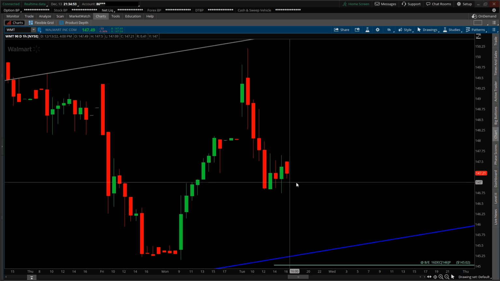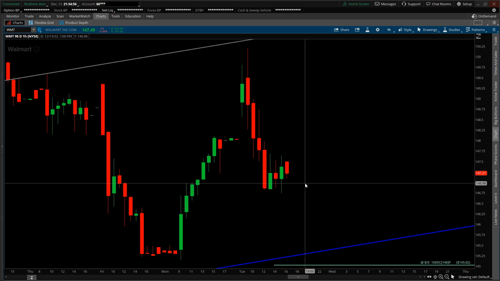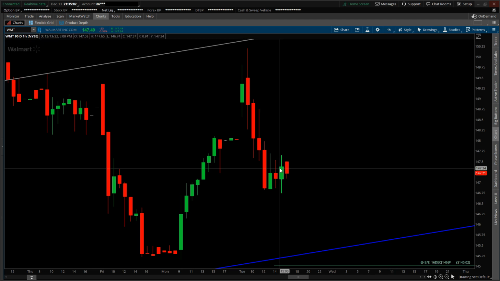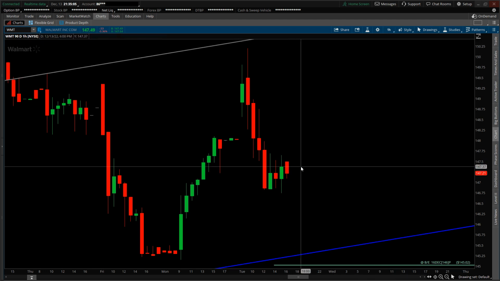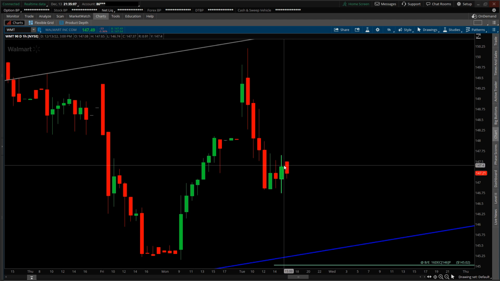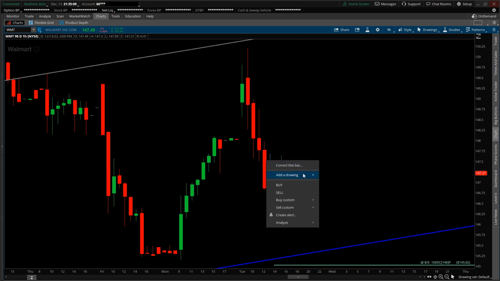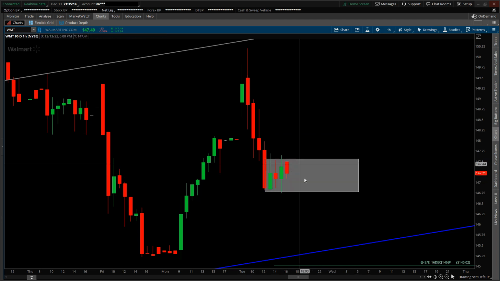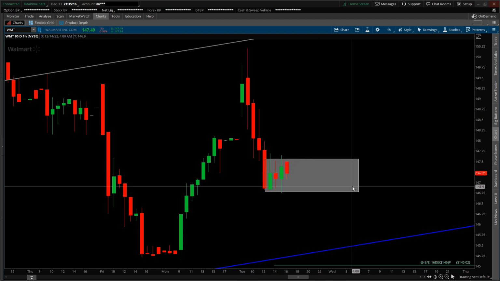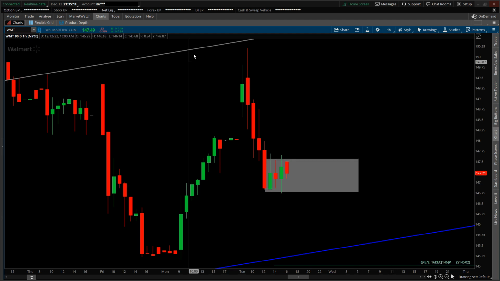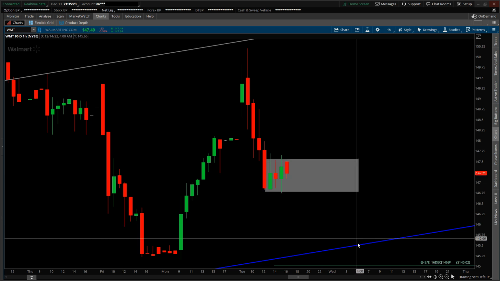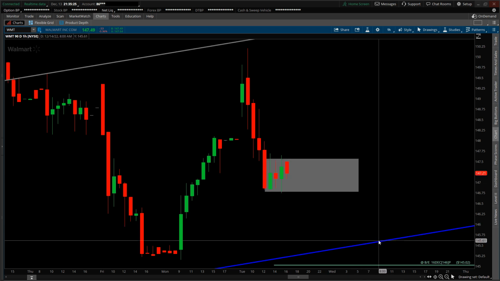And heading into tomorrow, I think the Fed is also speaking, but they're not speaking until sometime in the afternoon, right? So we could possibly see Walmart, as well as the rest of the market maybe, just consolidating again, stalling, waiting for the news to come out before price could either run up to retest resistance, or price could break down, retest support.